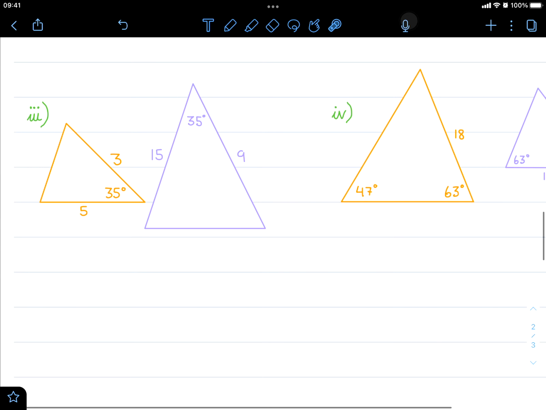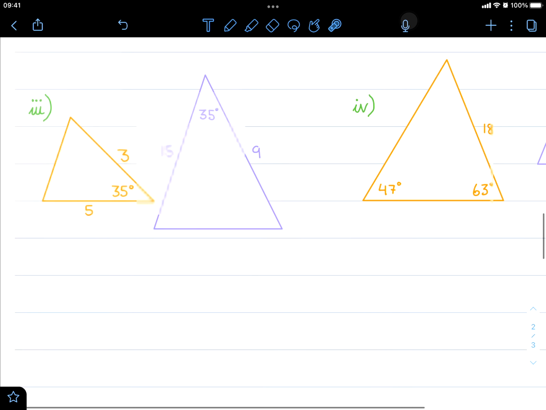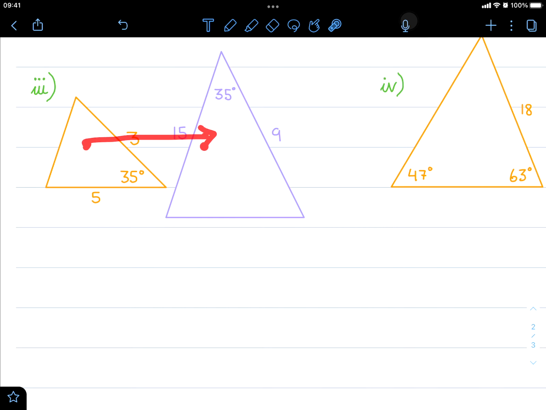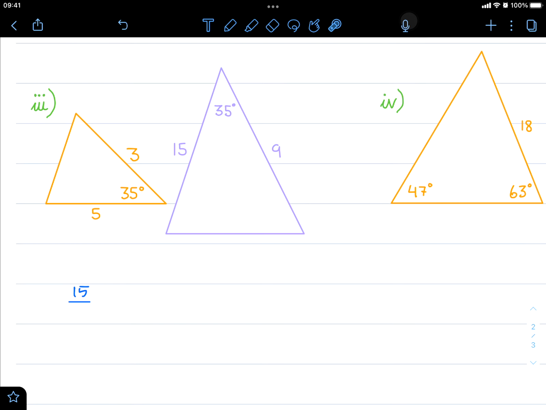Let's do another one. Here we go. Just to keep things simple, always go from orange to purple, which means we're going to pick a number from the purple. Let's pick 15. 15 over, well, if you put 15 over 3, it's not quite correct because it's a bit tricky to figure out which side is where. If you take a look, 5 is bigger than 3.